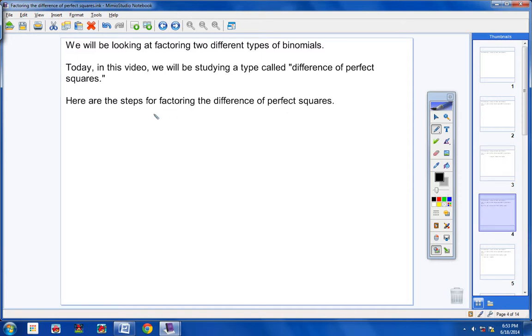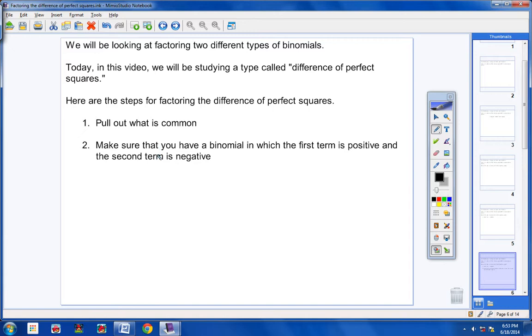Okay, moving on. Here are the steps when you are factoring the difference of perfect squares. Step 1, like everything else, always pull out what's common first. Step 2, make sure that you have a binomial in which the first term is positive and the second term is negative.